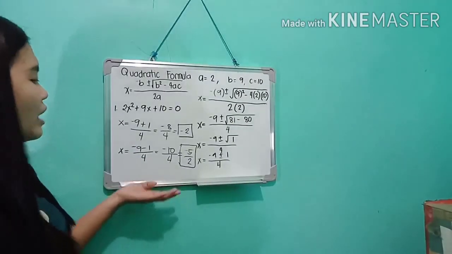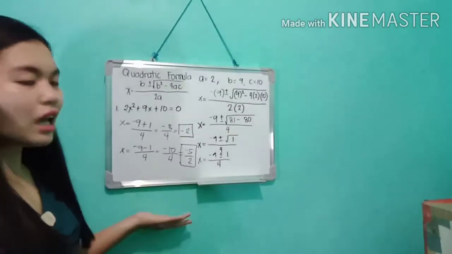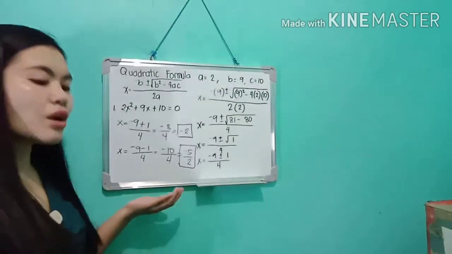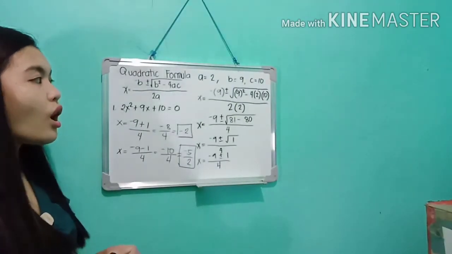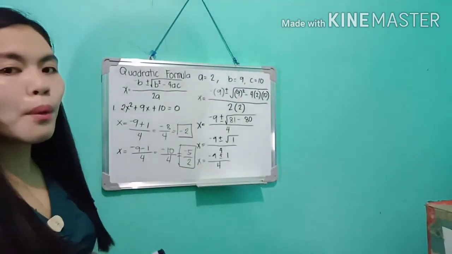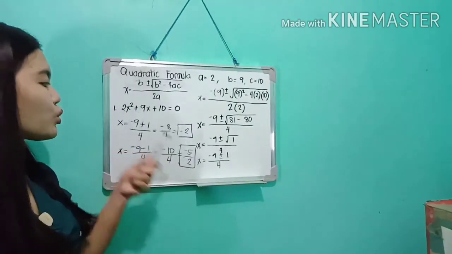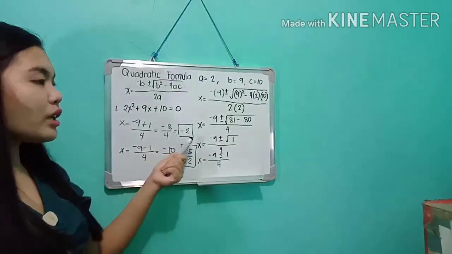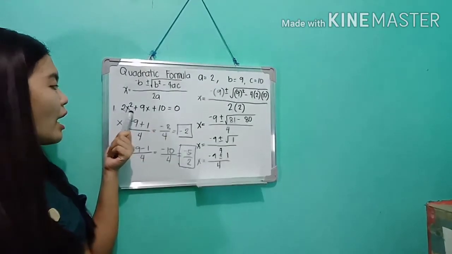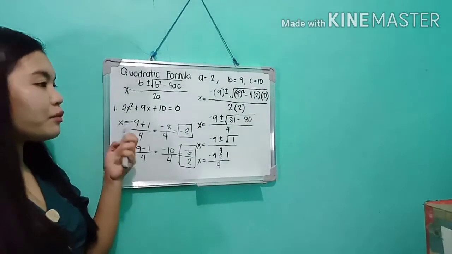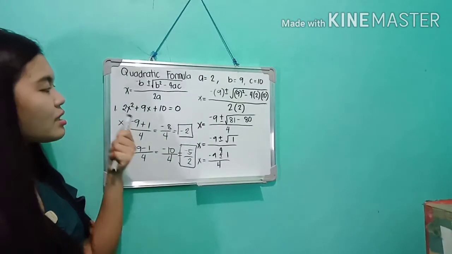Since we already have the values of x, we can check if these are really the roots or the solutions of our equation. By checking, just simply substitute the value. For example, -2, substitute it in the variable x here.